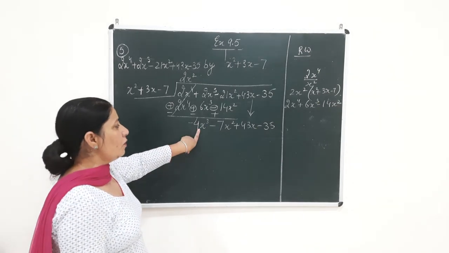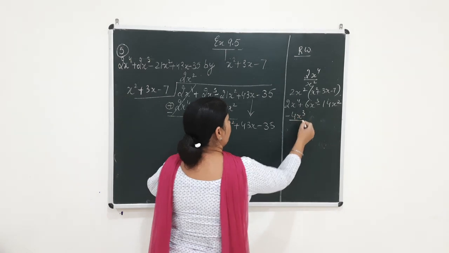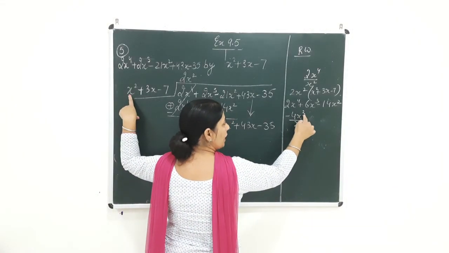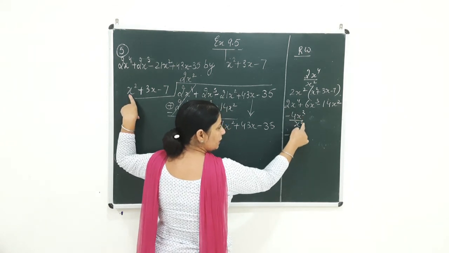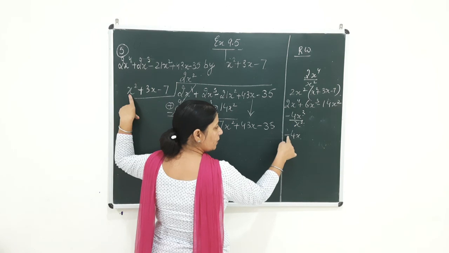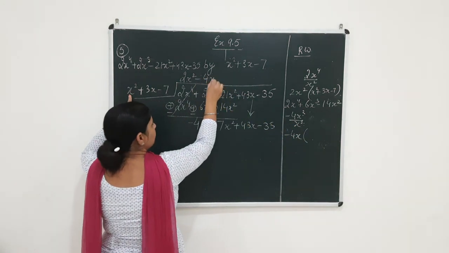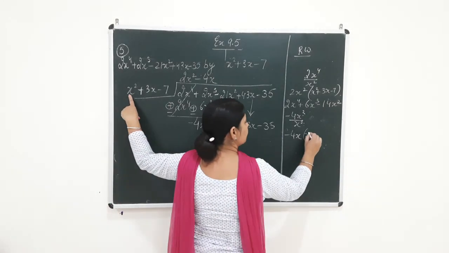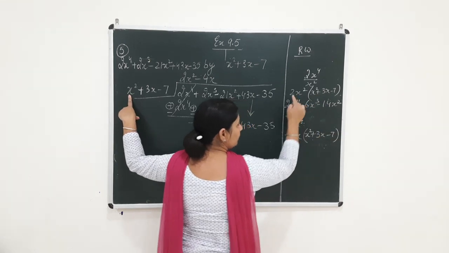Now, beta, next step. The first term of the dividend now is becoming minus 4x cube. The first term of the divisor is x square. Now 3x cube and x square when subtracted will be left with x, because 3 minus 2 is 1 and minus 4 comes here. This minus 4x will be written here, beta, in the place of the quotient, and will be getting multiplied with x square plus 3x minus 7 as we did it here.